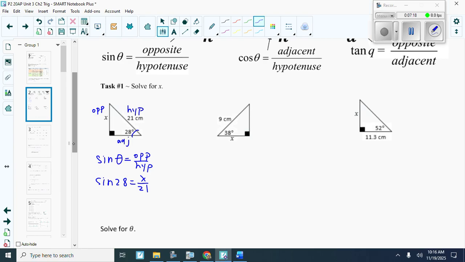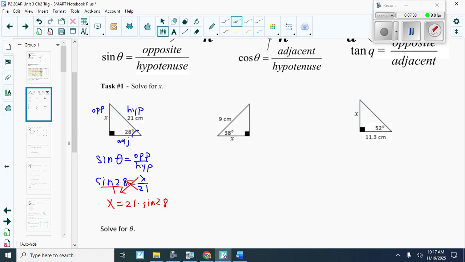Now, if you need a refresher on solving, you can use cross multiplication. So x is going to equal 21 times sine 28. If you had me last year, I said order matters. Put the 21 first, and then times the sine 28.